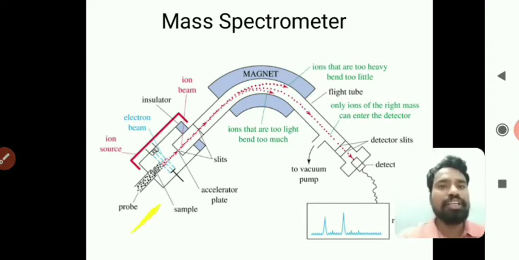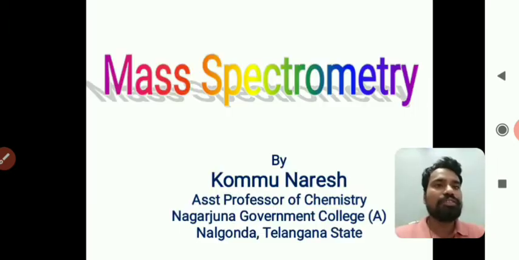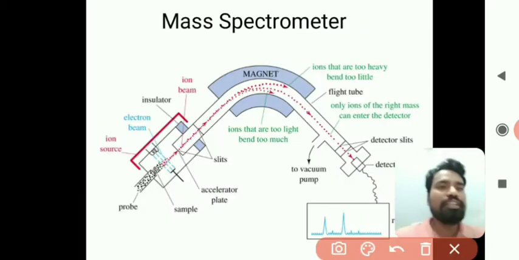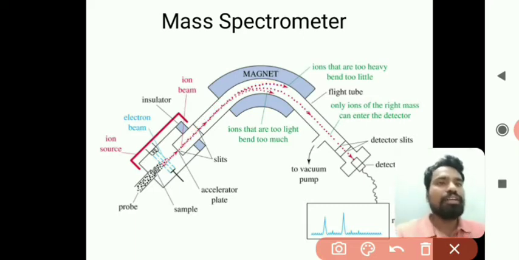Initially we take the sample, the organic molecule in the vaporized state, and it is interacted with electrons of high speed, created through the magnetic field. Because of the interaction with the electron, the organic molecule is fragmented into different ions, and all those ions pass through to the magnetic field.